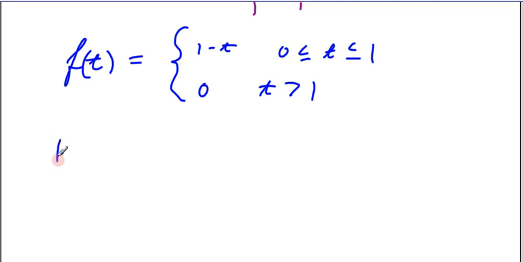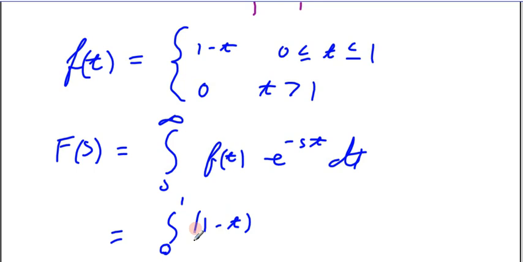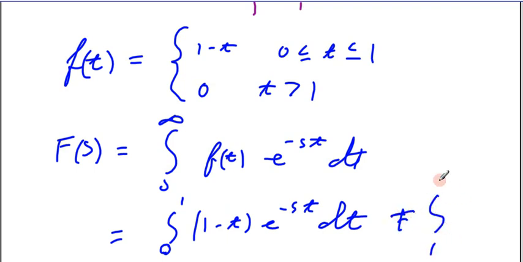So the Laplace transform is going to be the integral from 0 to infinity of f of t e to the minus st dt. Okay, and that's going to be the integral from 0 to 1 of 1 minus t e to the minus st dt, plus, that's a plus sign, the integral from 1 to infinity of 0 dt.